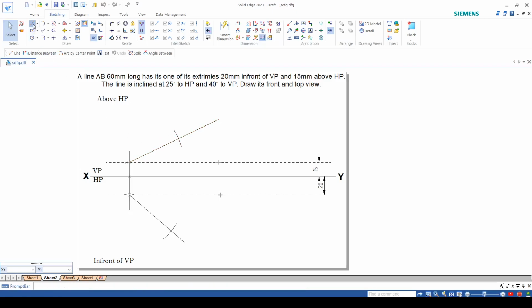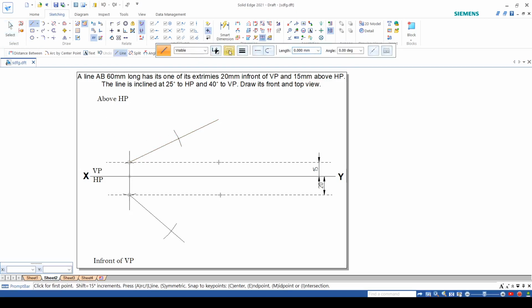I would just explain what you have to do in the copy. First of all, make a straight line here.